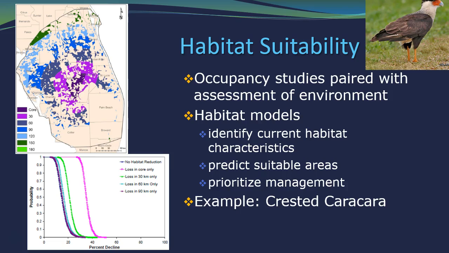So we look at the map here, and we can see that the habitat suitability model has a core area in dark purple, and this is where we have actually seen the individuals. And we also have it mapping out suitable areas at different distances from the core habitat.